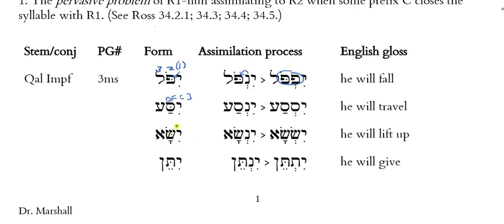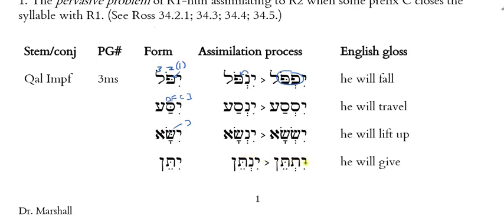Again, the dagesh forte in the sin represents the nun of nasa. It would have been yinsa, it becomes yissa, and then written one time with the dagesh forte. And then natan, he will give, in the Qal imperfect 3ms is yiten. This would have been yinten, where my three root letters are visible.